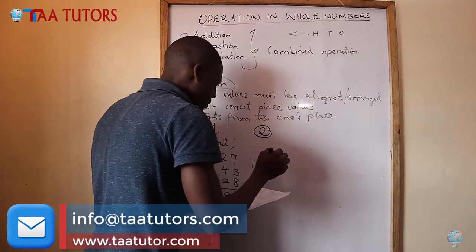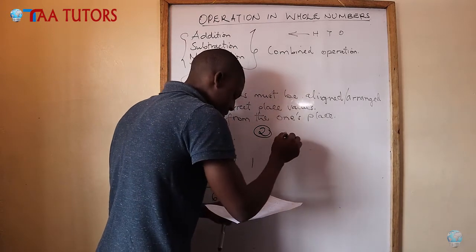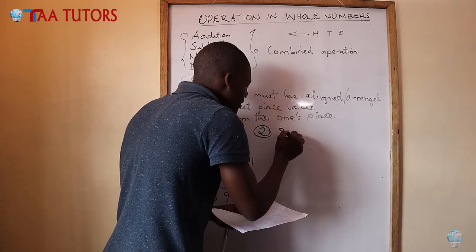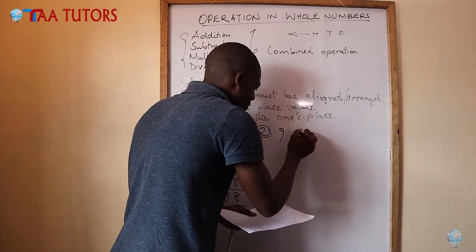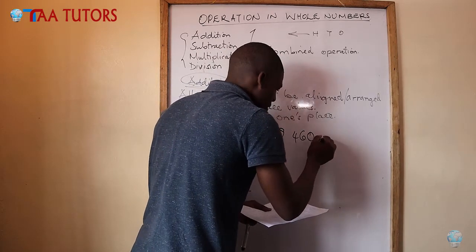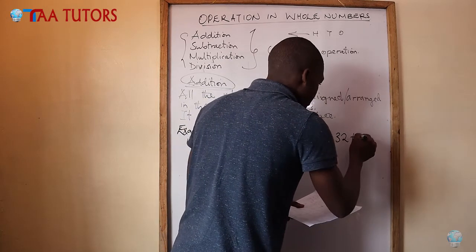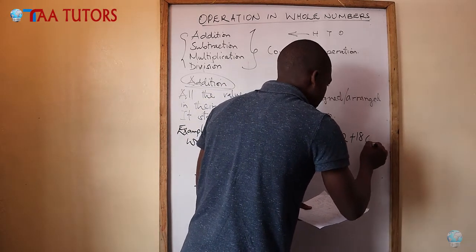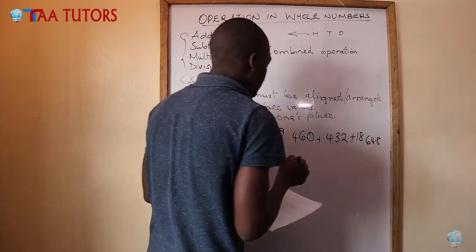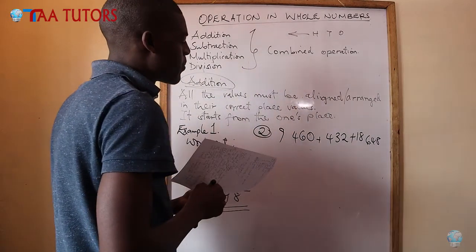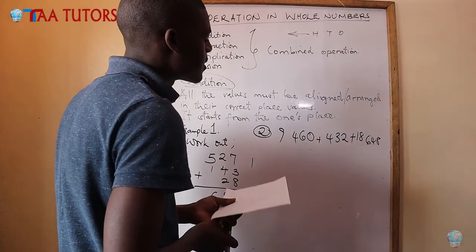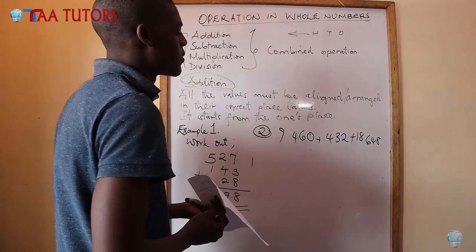Very fast, the second example. It is still work out. Now we have bigger values. We have 9,460 plus 432 plus 18,648.